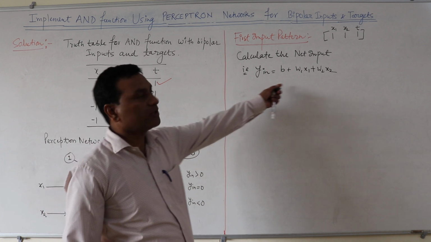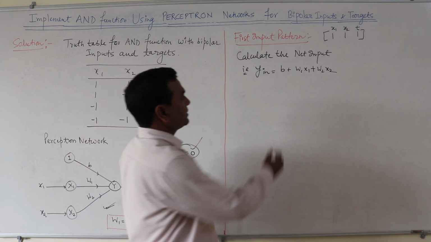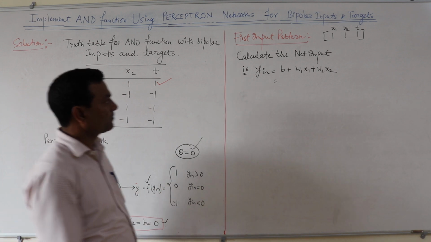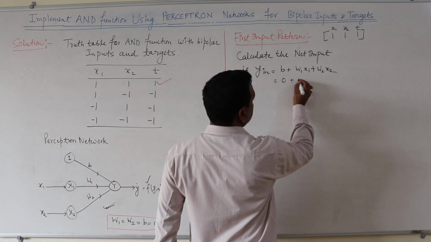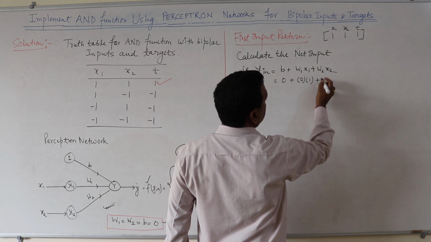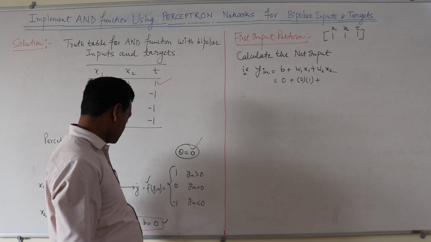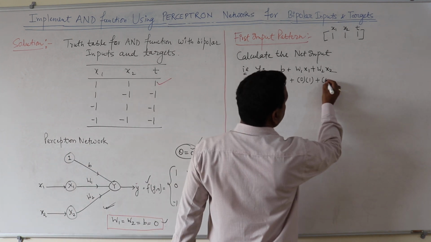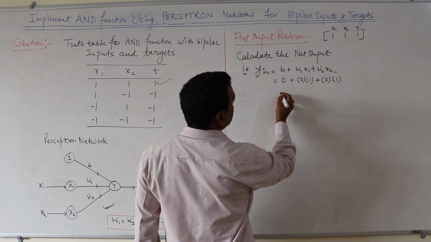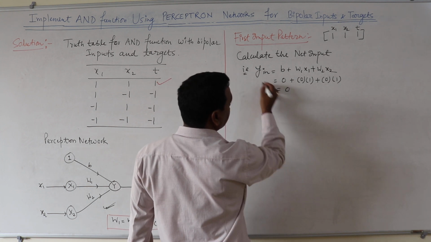Now we will simply put the values. This is b, we have taken this 0, this is 0 and this is also 0 and this is 1, x1 is 1, plus w2 is also 0, this is also 0. So this is 0 and this is 1 from here. It is equivalent to 0. So y in equals to 0.